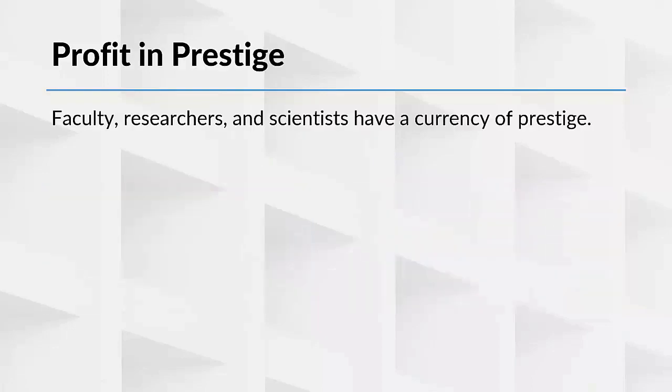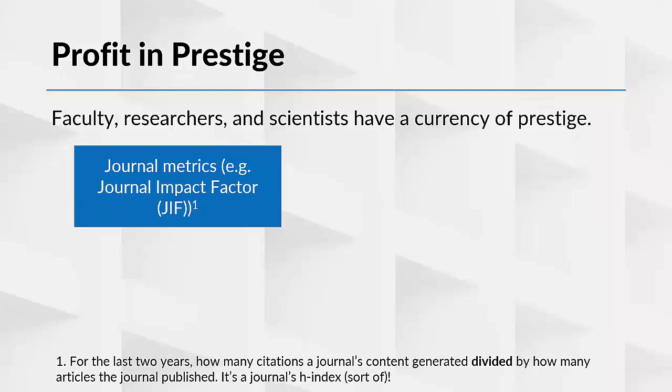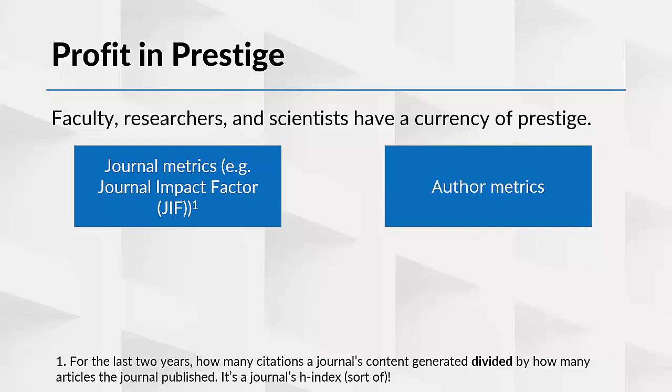Okay, profit and prestige. This is what I was talking about before, where faculty, researchers, and scientists have a currency of prestige, and that word prestige can mean a lot of things. One way academics measure prestige is high metrics. So we're talking about things like journal metrics, what we were talking about before, journal impact factor, and author metrics.